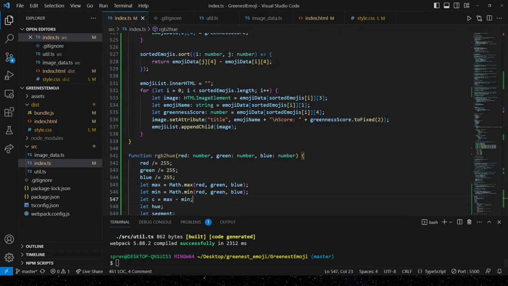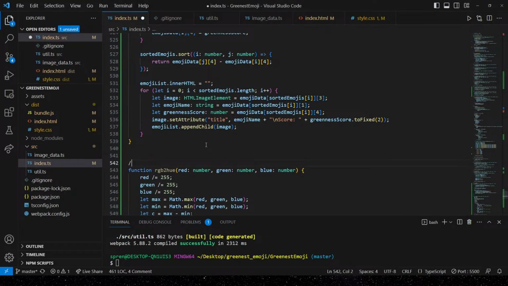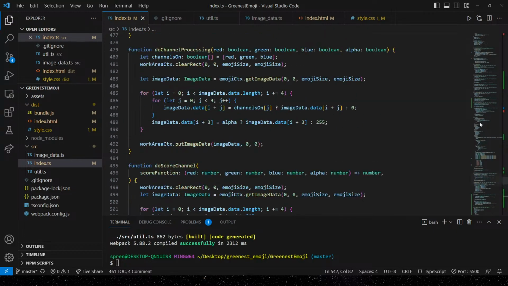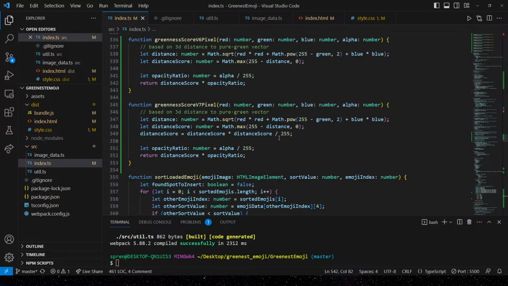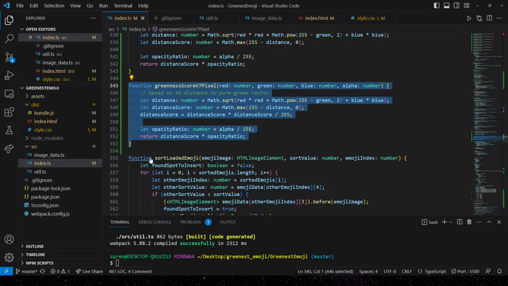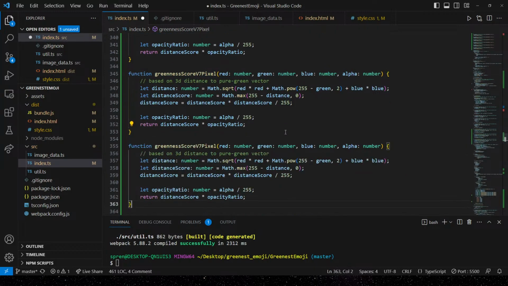And I'm going to go ahead and copy this Stack Overflow. And now we will implement the 8th version of scoring.